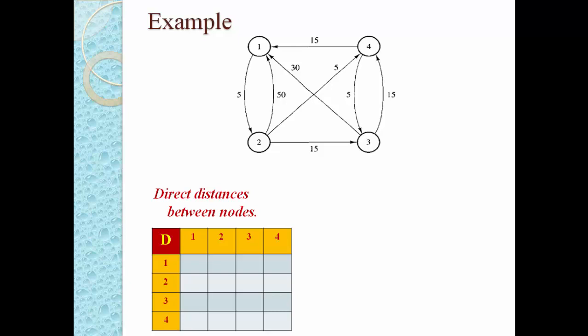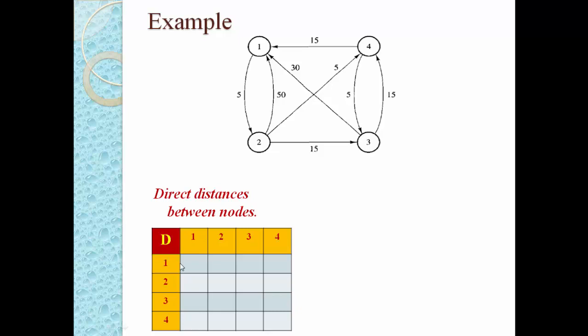We prepare one matrix capital D in which we store the direct distance between nodes. The size of the matrix depends on the number of nodes. Here 4 nodes are there, so we prepare one matrix with 4 rows and 4 columns, and we store the direct distance between all the nodes.